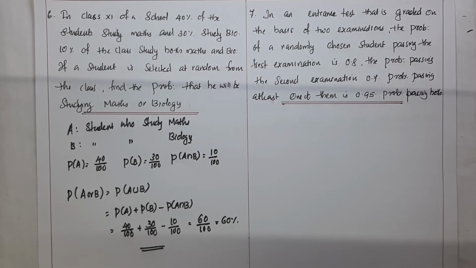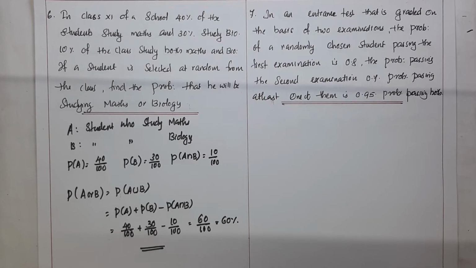Next question: in an entrance test that is graded on the basis of 2 examinations, the probability of a randomly chosen student passing the first examination is 0.8. The probability of passing the second examination is 0.7. The probability of passing at least one of them is 0.95.